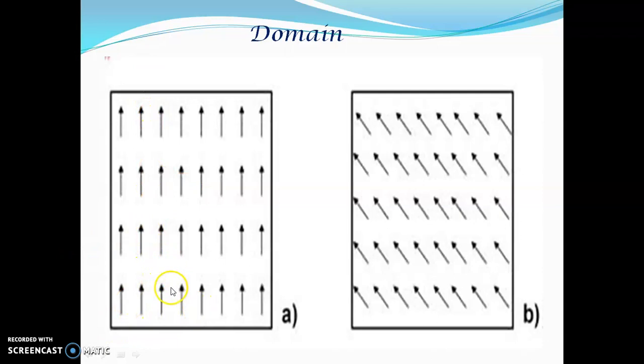So the resultant magnetic moment will be in only one direction. In this figure, we can see what a domain is. The dipole moments of all the individual atoms in this domain are aligned in a particular direction, so the resultant magnetic moment is only in this direction. This is called a domain.